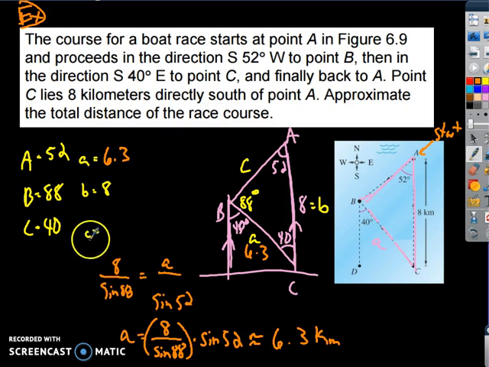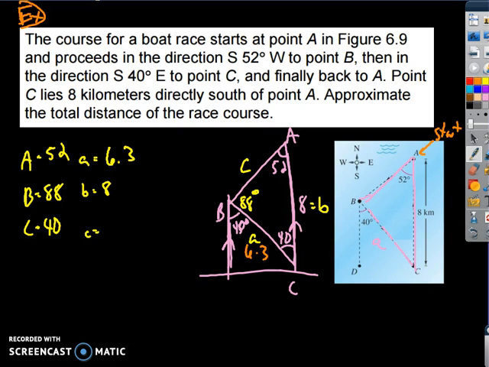So the last thing to find is lowercase c, and I'm going to use the same fraction. So I could say that b over sine of B equals c over sine of capital C. So 8 over sine of 88 equals c over sine of 40 degrees.